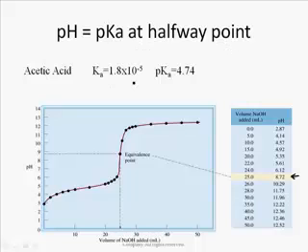So for acetic acid, the pKa is 4.74. So that would put us at about here. And if I come about to there and drop down, if this were a more detailed graph, you would see that that is at about 12.5 milliliters of the sodium hydroxide added.